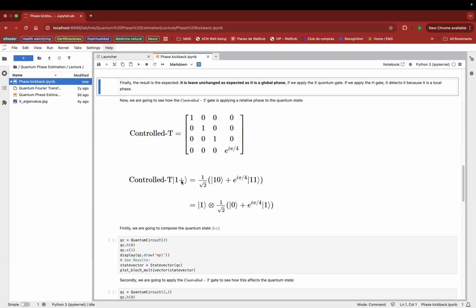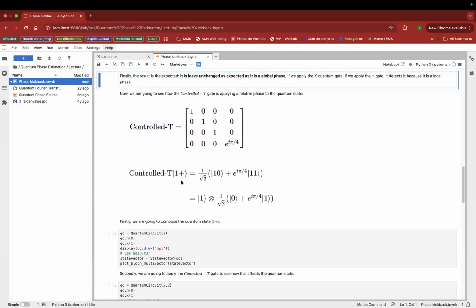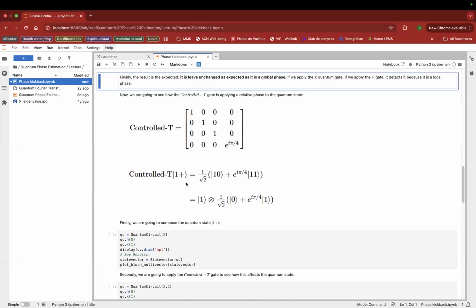Correct. Here we have two different qubits: the one that is the target qubit, and the second one that is the control qubit. Then, because we apply the Hadamard gate, we have the one and the control qubit.